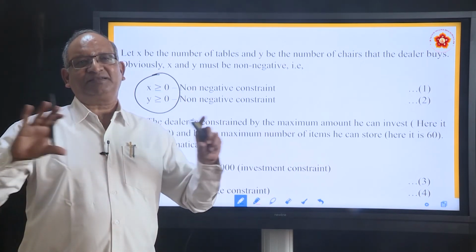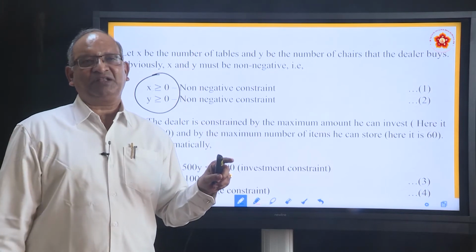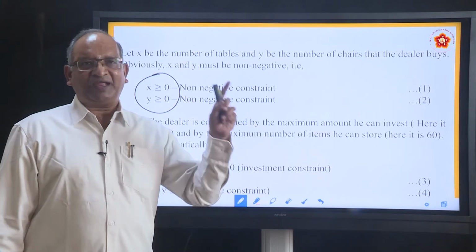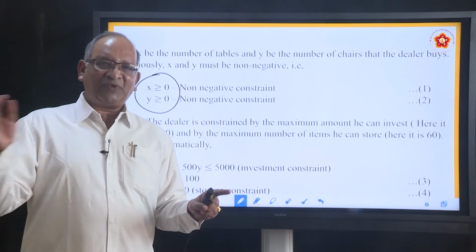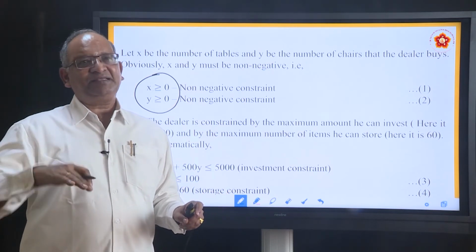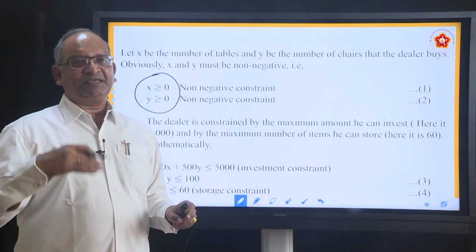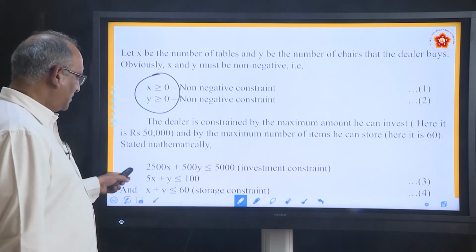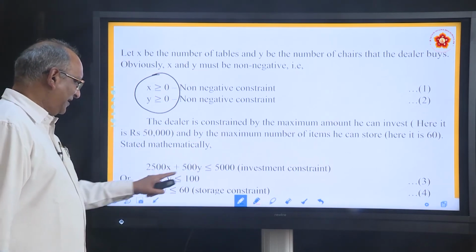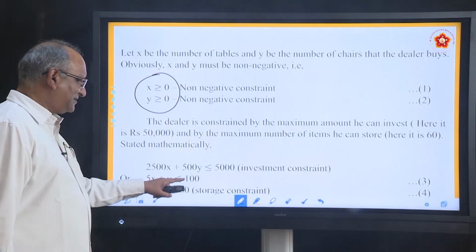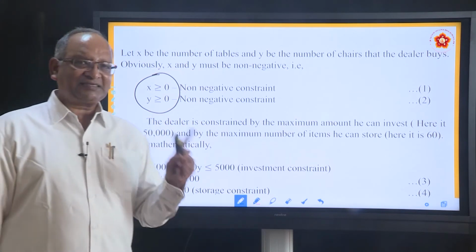So this is the first inequation. What is the first constraint? 2,500x plus 500y is less than or equal to 50,000 because he has a maximum of 50,000. Simplified, this becomes 5x plus y less than or equal to 100.